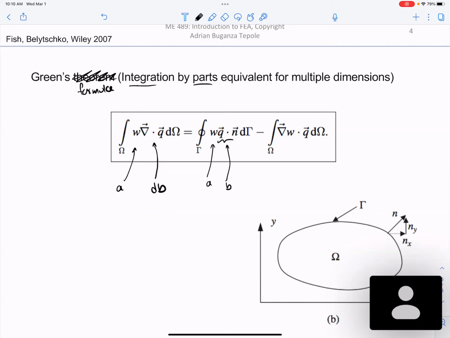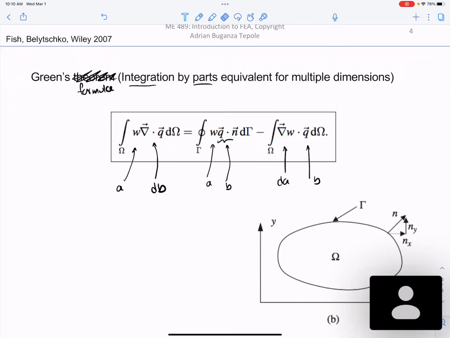But it looks kind of like that, right? So you have W times some derivative of Q, or divergence of Q. And then we are basically passing to the boundary, we get rid of that derivative. We still have the dot product, and that dot product ends up with the normal. But we got rid of the derivative, and minus the integral over omega of, and you can see that we sort of passed the derivative. So now this is dA and this is B.